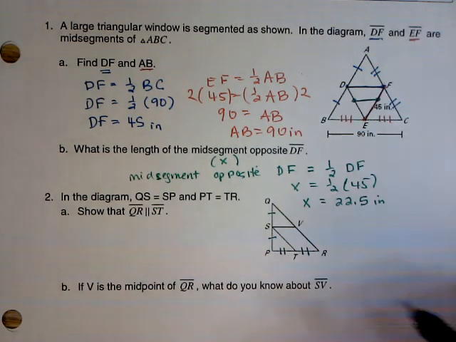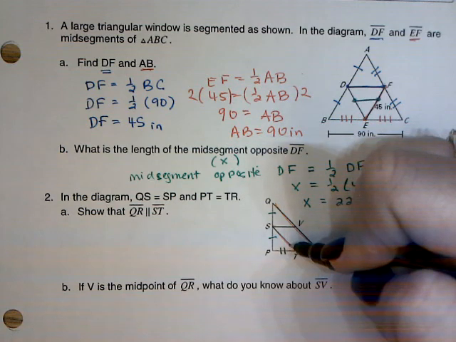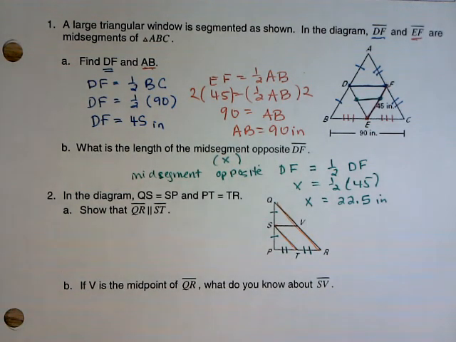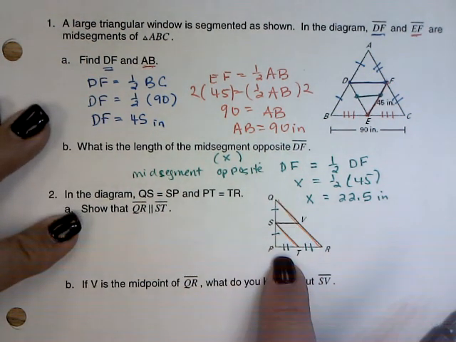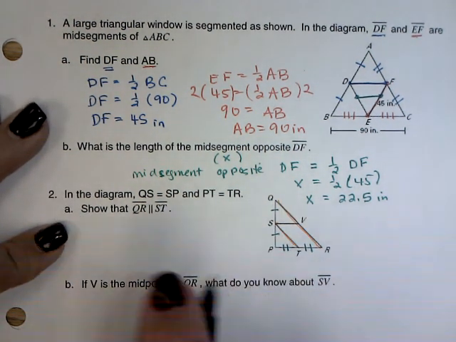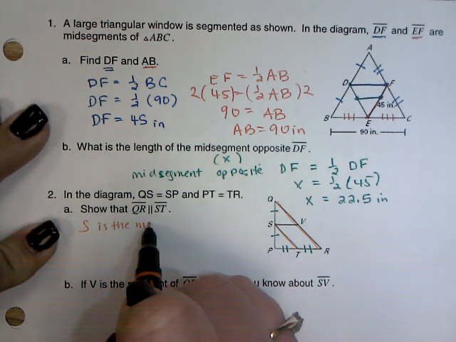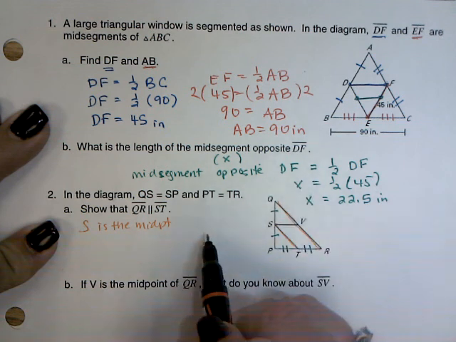So, this piece here is parallel to this piece here. Well, we know that because it's given that they're equal. We know that from what is given, as in any proof, and we're not having to use the proof, but we know that S is the midpoint of QP.